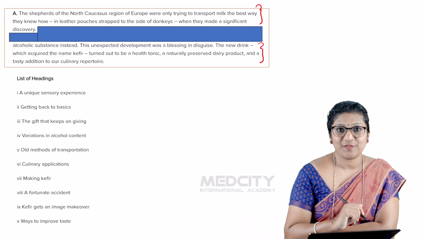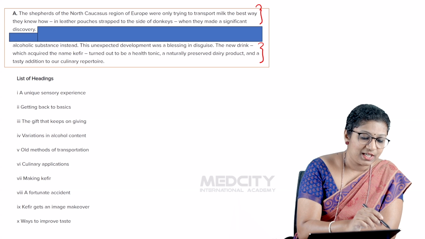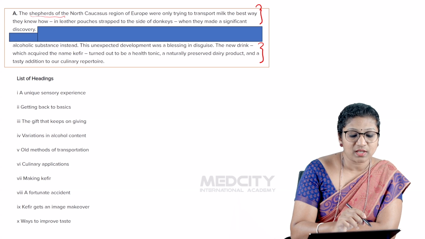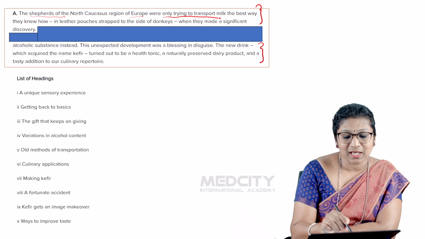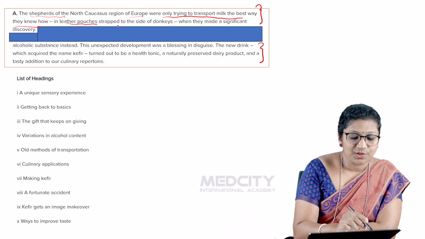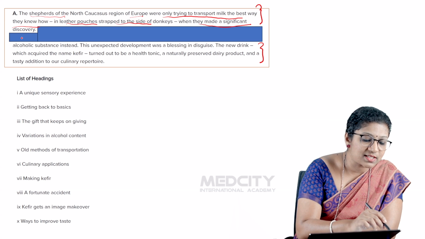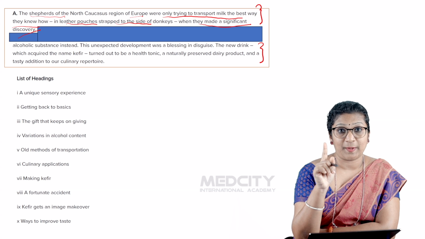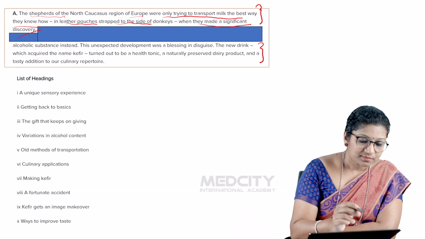Let's go through the first few lines, or the only lines that we can see on screen here. It says, shepherds of the North Caucasus region of Europe were only trying to transport milk the best way they knew how, in leather pouches strapped to side donkeys, when they made a significant discovery. So this is line 1. Now let's go all the way to the last part of the paragraph.